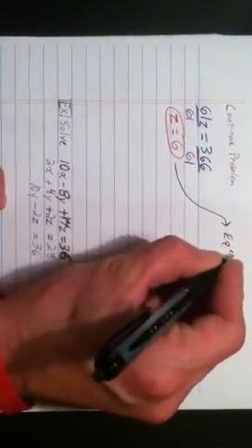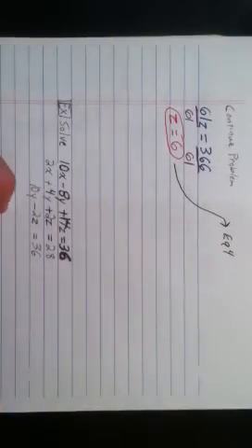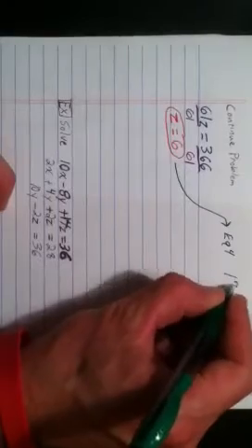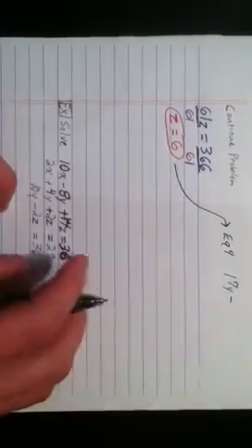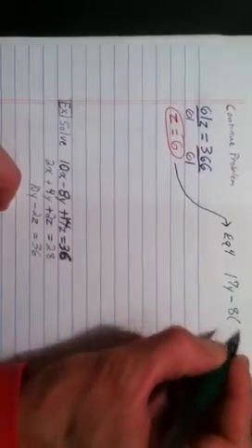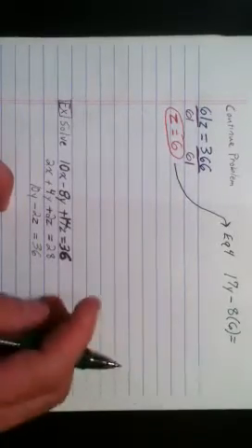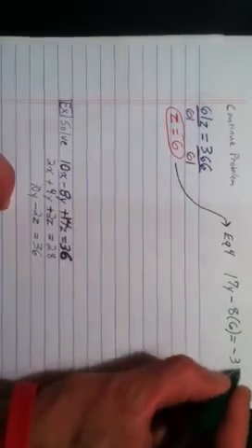So we're going to plug it into equation 4. So equation 4, we had 17y minus 8 times your z. But instead of z, we're going to plug in the 6. And that's going to equal negative 31.